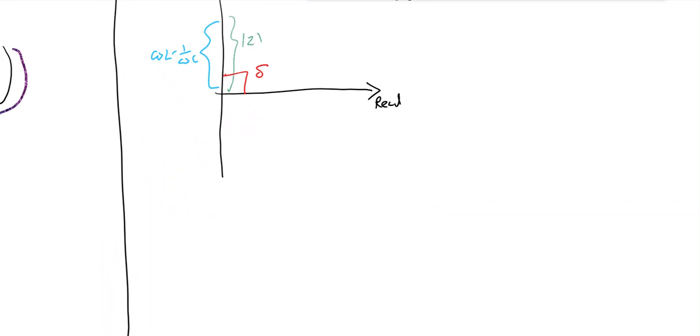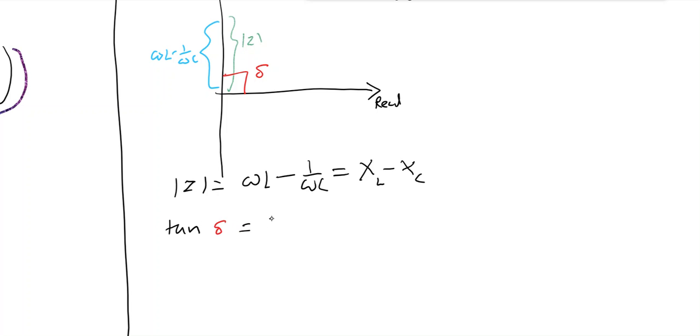Delta is 90. How much is mod Z? Mod Z is omega L minus 1 by omega C. You can also write this as XL minus XC. And tan of delta is 90 degree, or else pi by 2.